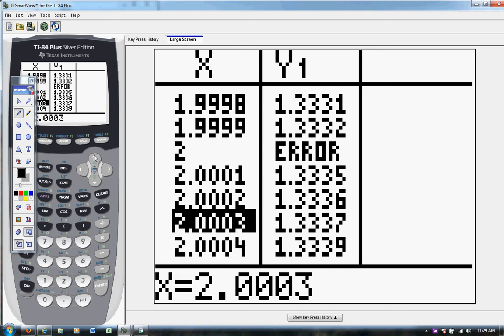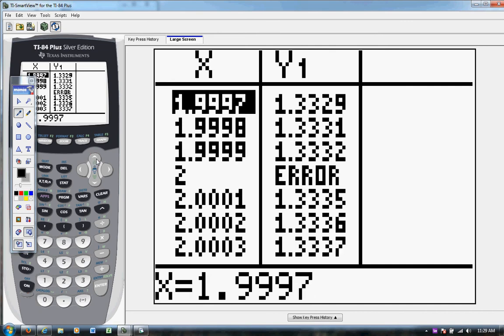Yep. So I want to get that error right in the middle.